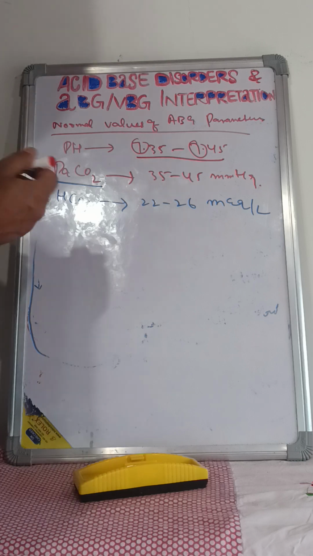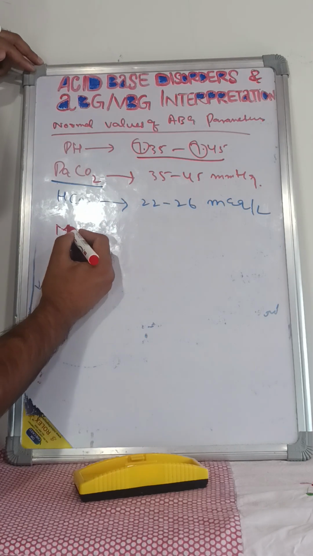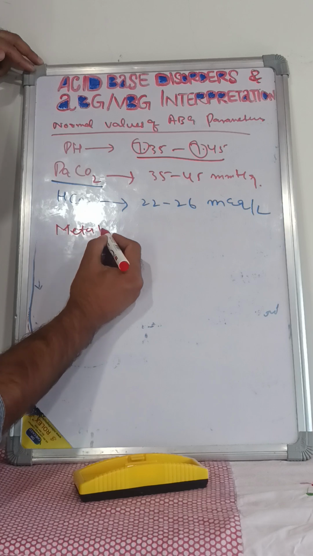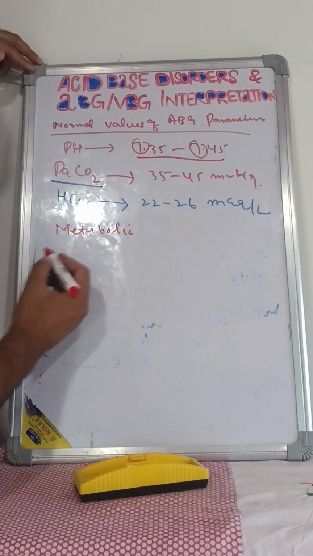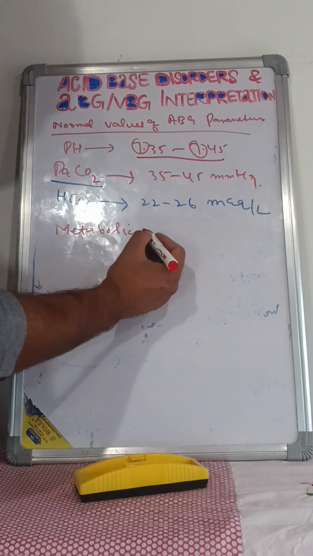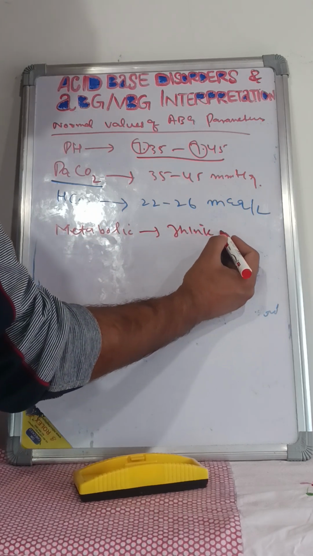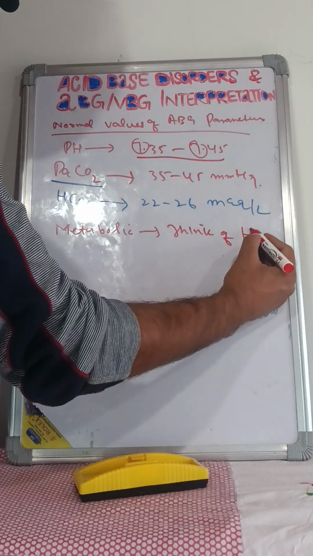So now a mnemonic. Whenever you see metabolic, like metabolic acidosis, metabolic alkalosis, always think of bicarbonate.